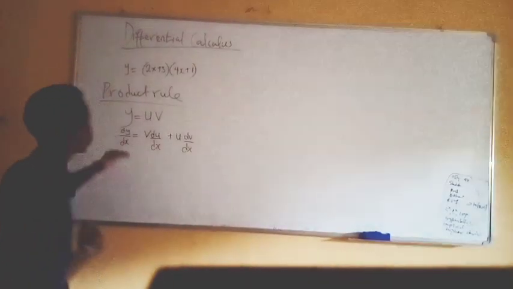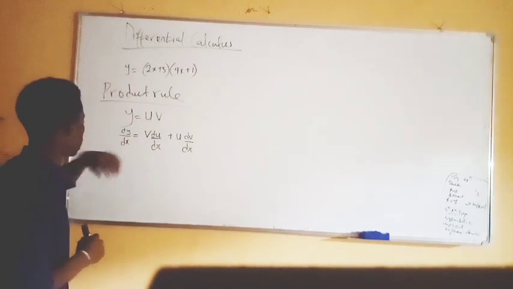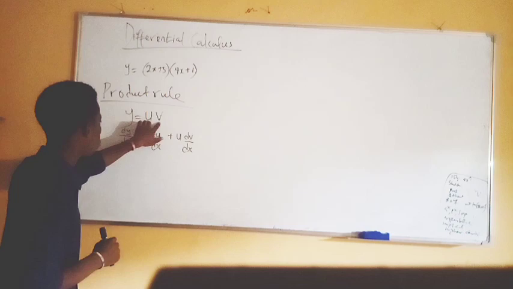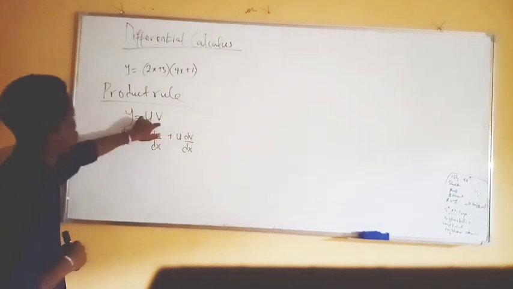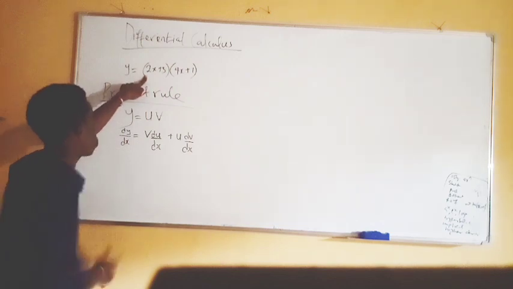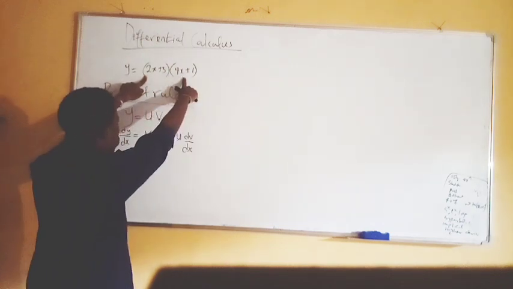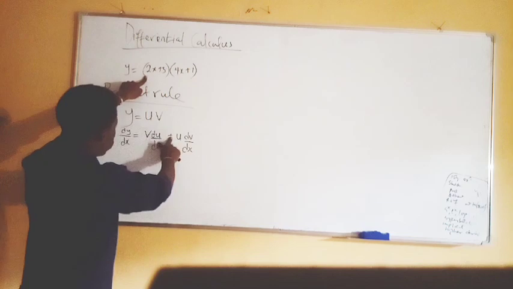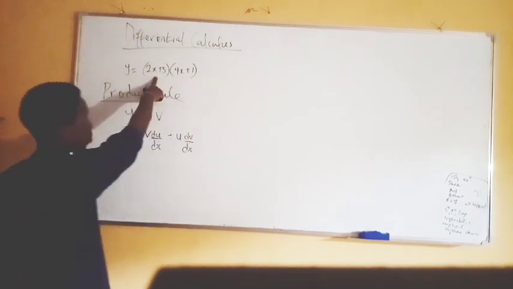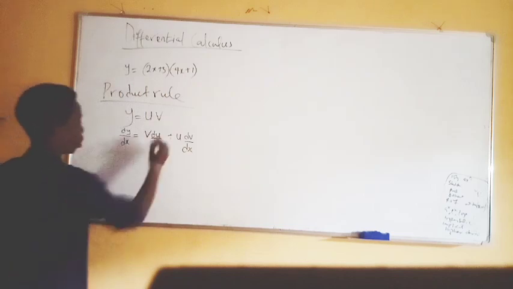If you are given a function that happens to be a multiple of two other functions, what you do is you pick the first one and multiply it by the derivative of the second, plus you pick the second one and multiply it by the derivative of the first. That's just what happened here.